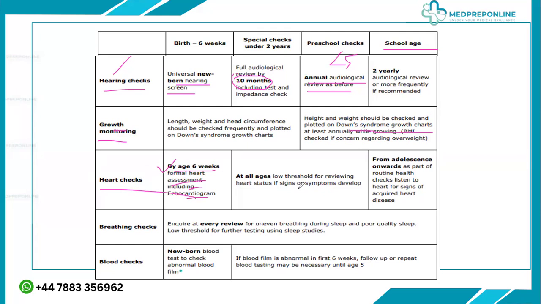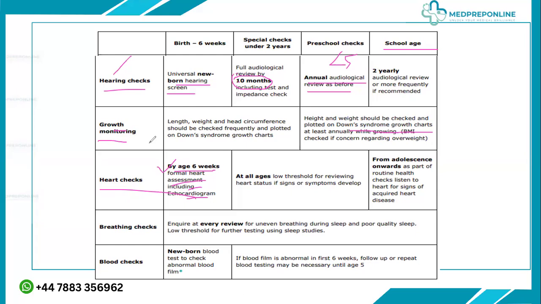From adolescence onwards, as part of routine health checks, listen to the heart for signs of acquired heart disease. So we'll be doing echo only soon after birth, depending upon the ECG, and then keep an eye on signs and symptoms if any review is required. After school age, at each visit we only listen to the heart for any acquired heart disease.